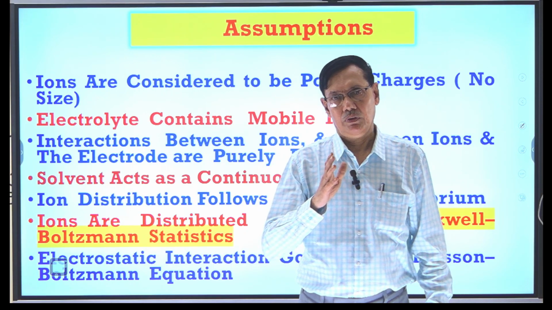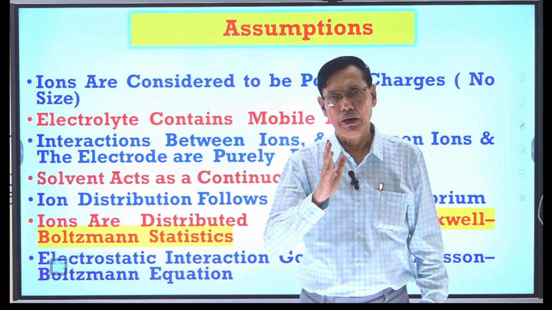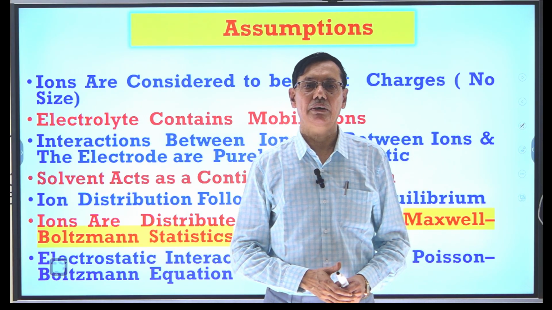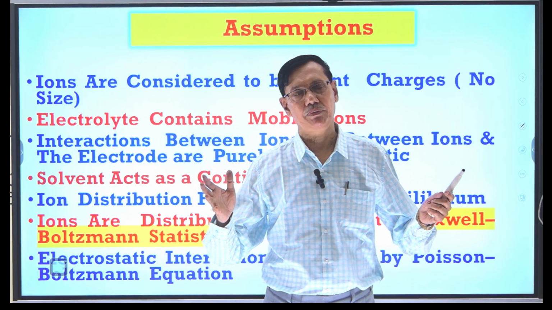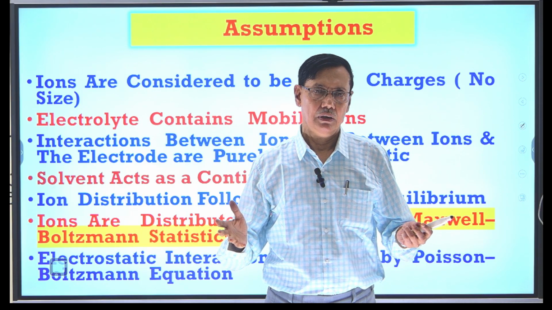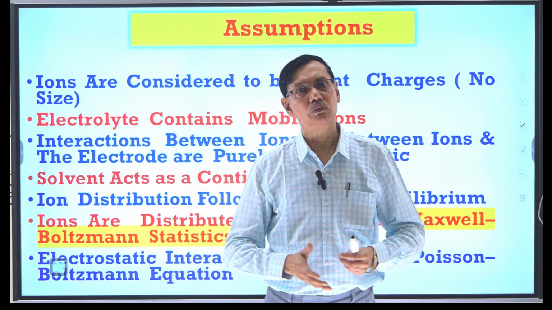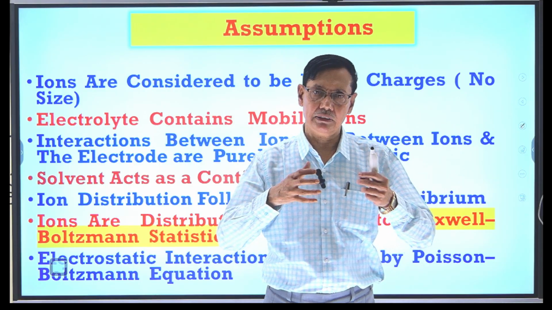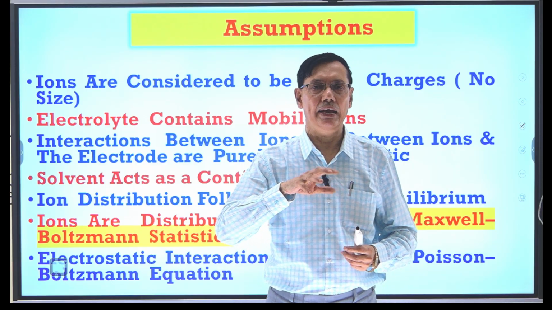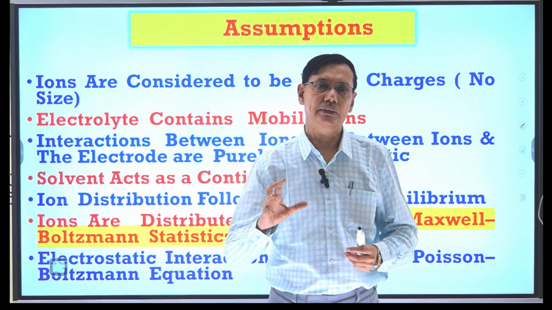So in simple language, how do I derive the Gouy and Chapman layer? Using two concepts. One is called Poisson's equation. Now you will ask, what is the Poisson equation? The Poisson equation is a relationship between the potential gradient or electrical potential and the charge density.